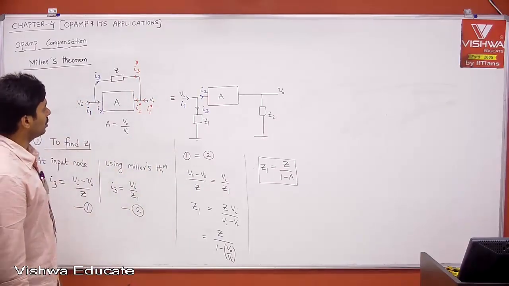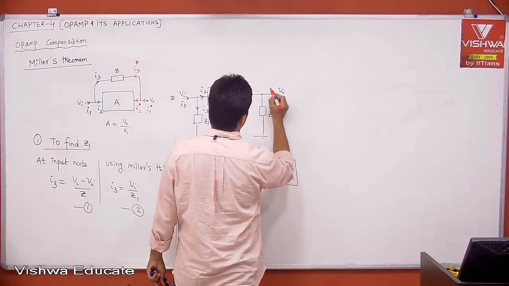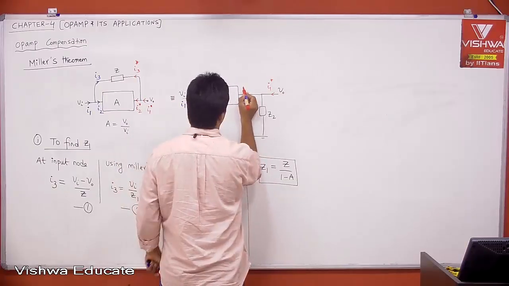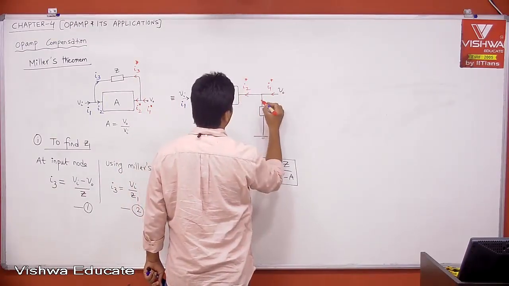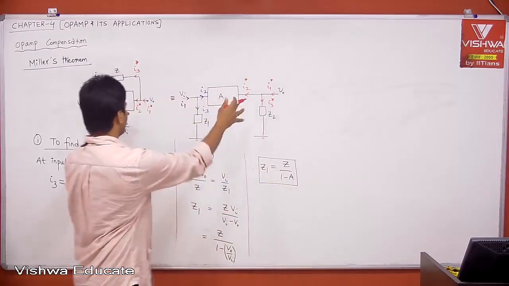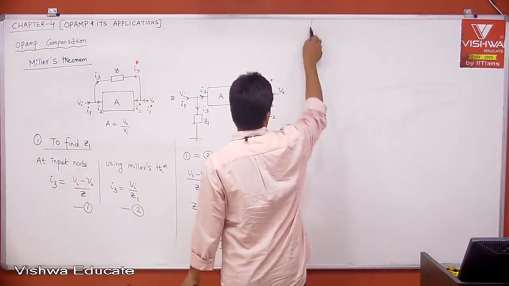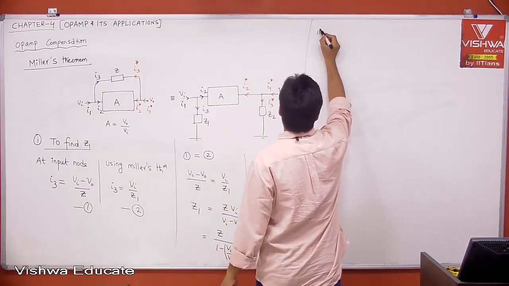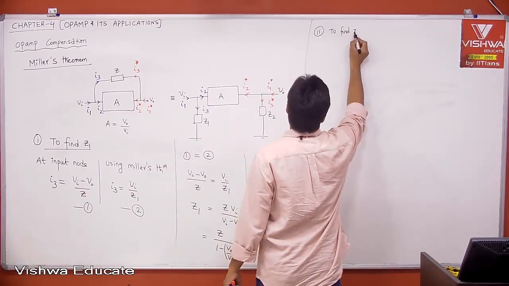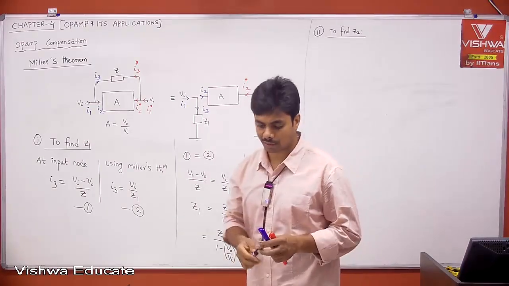Now if KVL is satisfied, and the same current is entering, I1 star, the current entering into your amplifier is I2 star, and the current entering into Z2 is I3 star, the current which is leaving from this node, then I can say both are same, right? Therefore now to find Z2, case 2. I'll explain. Before that you try to get Z1.